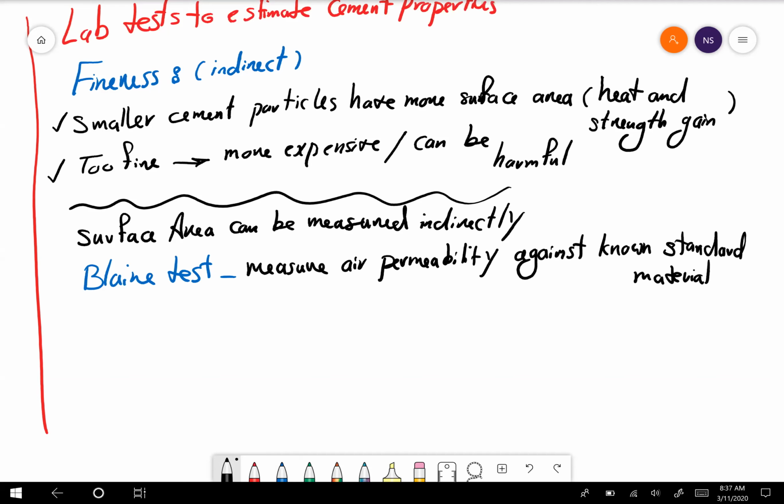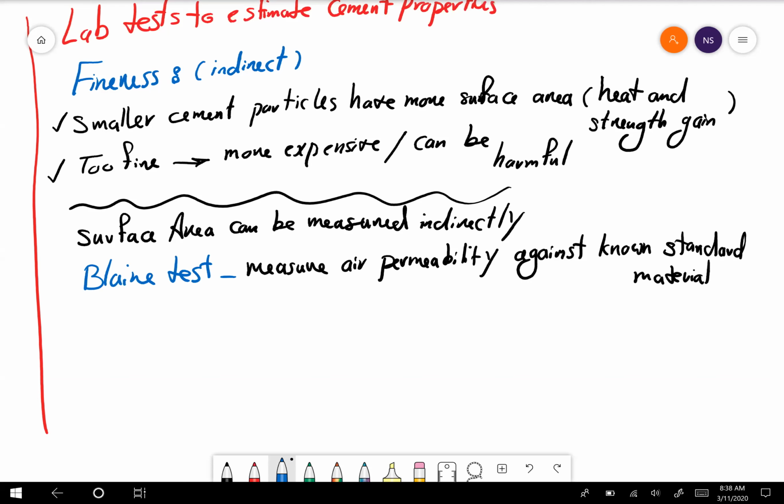Right? So you have a reference material that you know how permeable it is when you try to infiltrate air through it, and then you compare that to Portland cement. You should be able to measure the fineness based on the air permeability compared to the standard material.